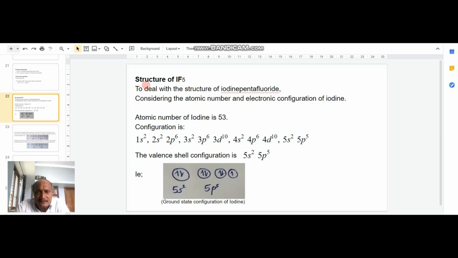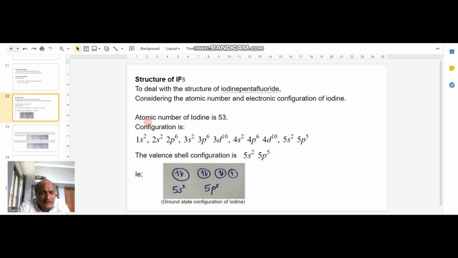To deal with the structure of the IF5 molecule, we have to consider the atomic number and electronic configuration of iodine.